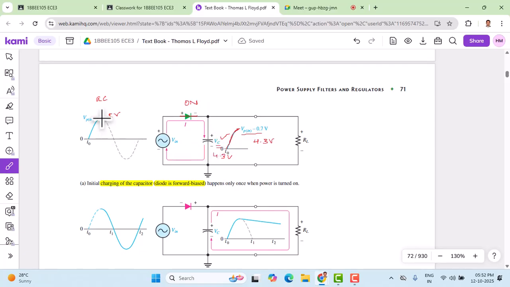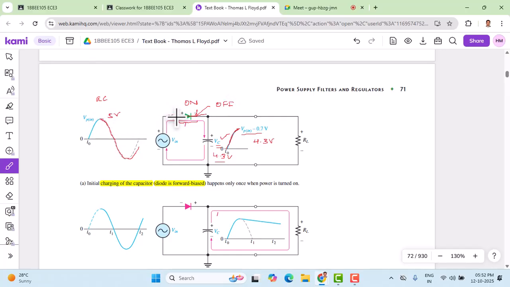Now, as we can see, the input is dropping. Once it drops, what happens to the voltage across the capacitor? The voltage, whatever it has charged to, 4.3 volts with plus and minus polarity, now reverse biases this diode and turns it off. The diode becomes off whenever the input falls.